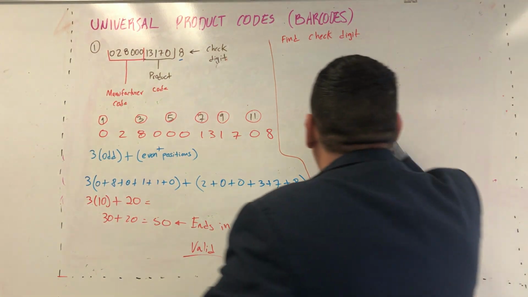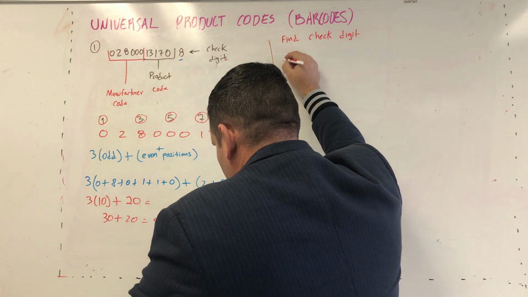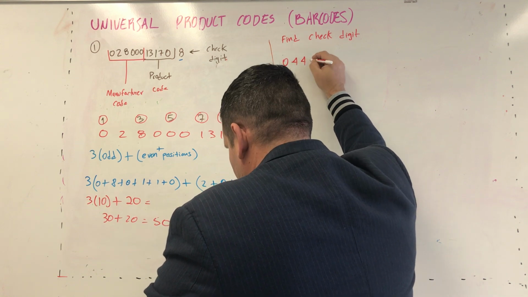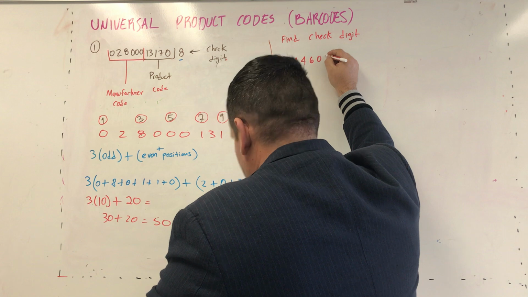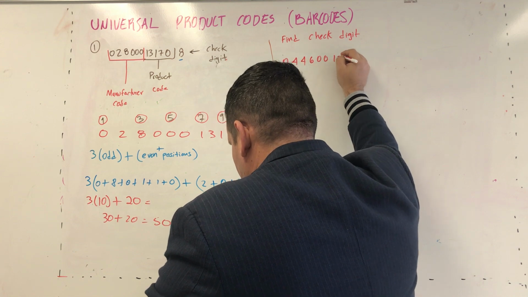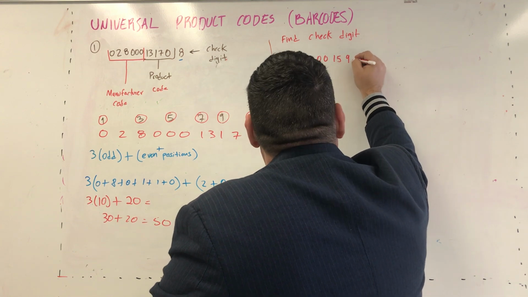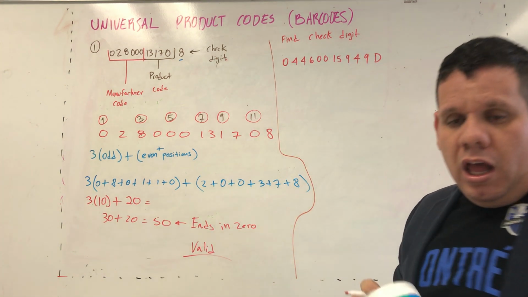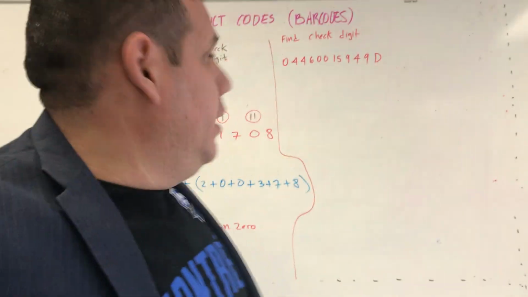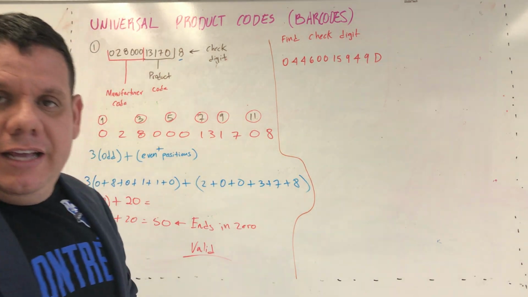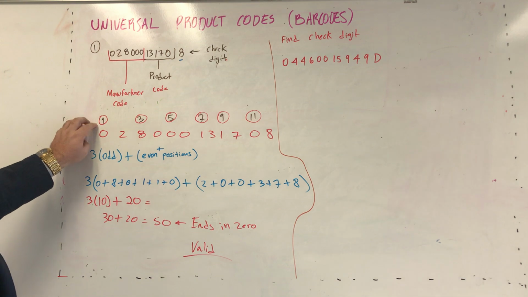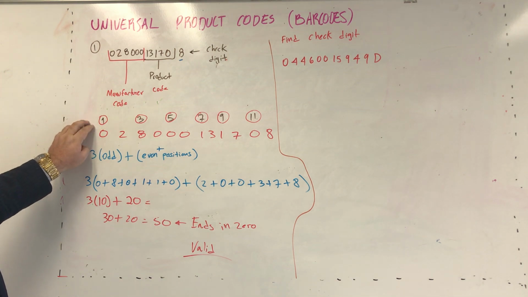So I have these values. I have the code 0, 4, 4, 6, 0, 0, 1, 5, 9, 4, 9, and the check digit, I will call it D. It has no value yet. Remember that we work first with the odd positions.